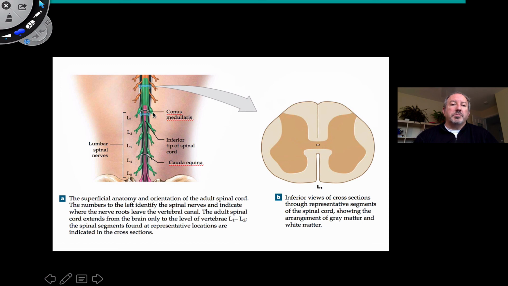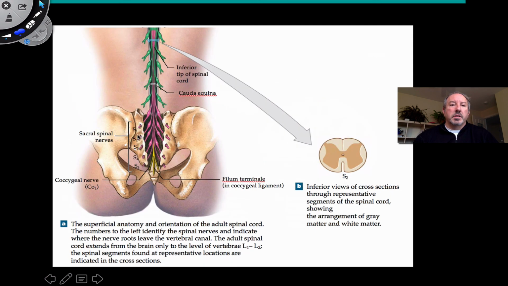And again, this is a nice picture you could see here. Here's the conus medullaris, and as it goes down to the cauda equina, as it branches off down and below here, in your lumbar spine there are spinal nerves branching laterally to the side. And then finally, it gets all the way down.